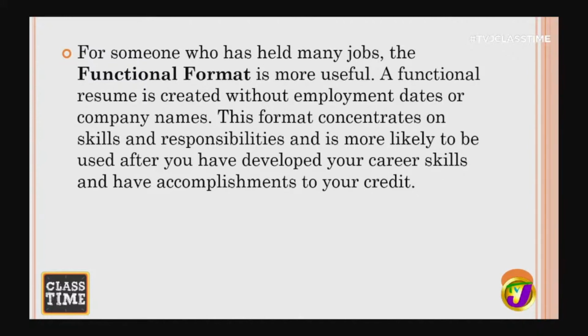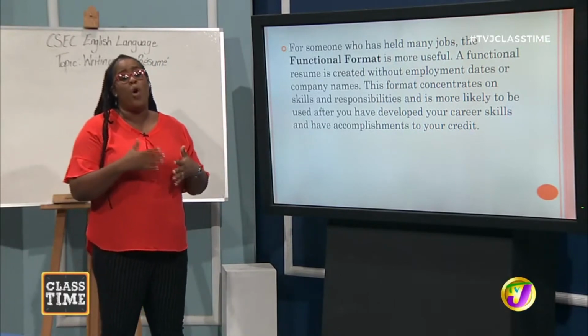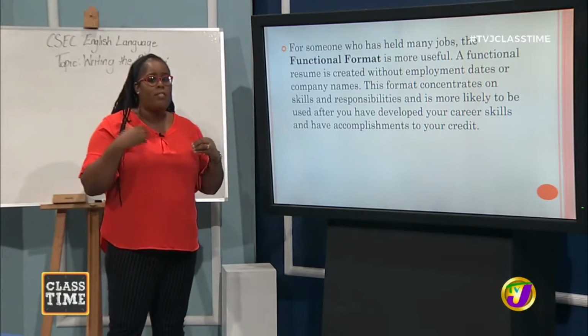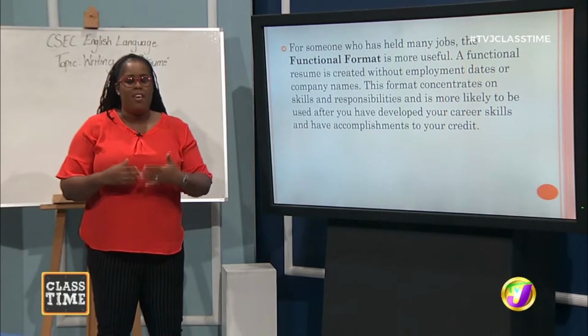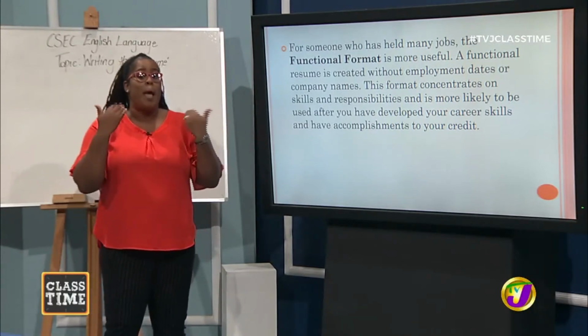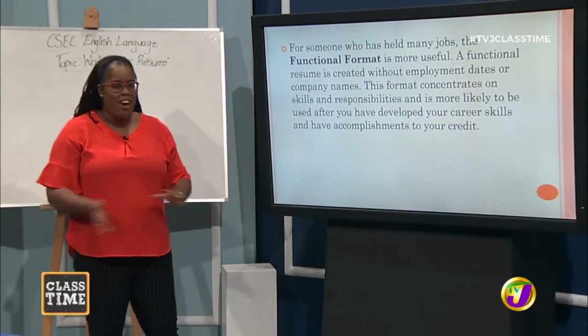So the functional format is used mostly by persons who have a lot of experience under their belt, right? They have been working for quite some time, right? So the chronological format is suggested for high school students, right? And the functional format would be for like myself who has been working for ages, all right?